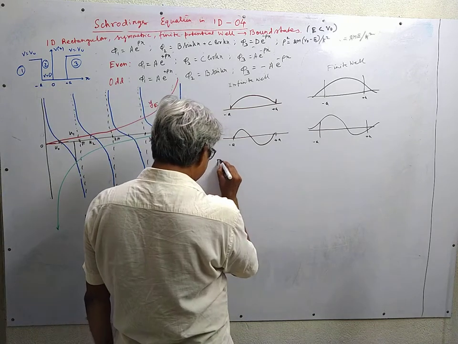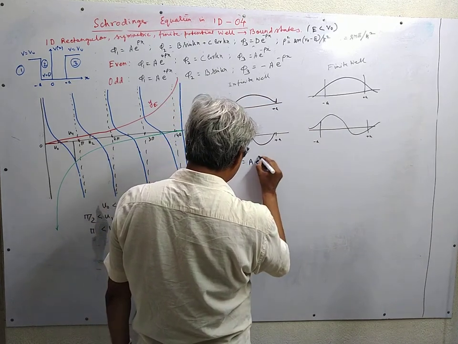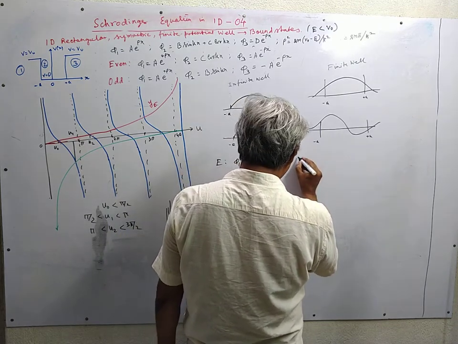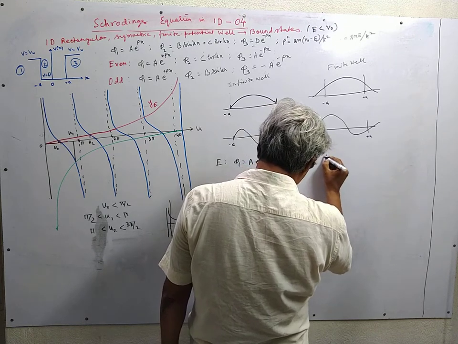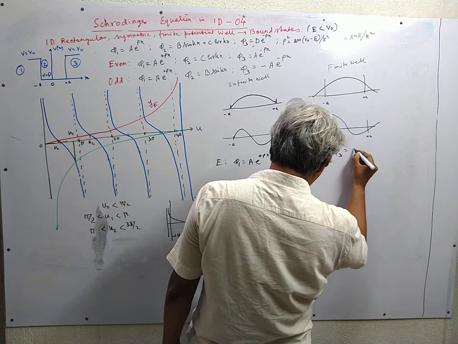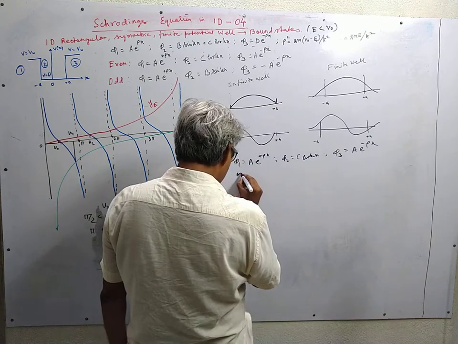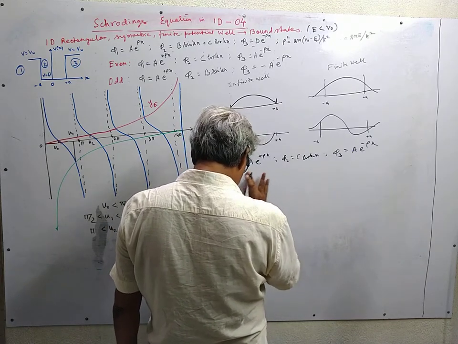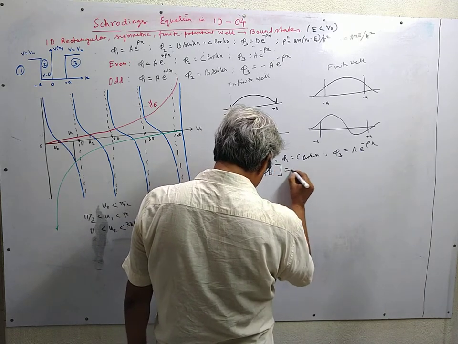So for even parity states, the wave function is phi 1 equal to A e to the power plus rho x, phi 2 equal to C cos kx, and phi 3 equal to simply A e to the power minus rho x, as parity commutes with the Hamiltonian in this case.